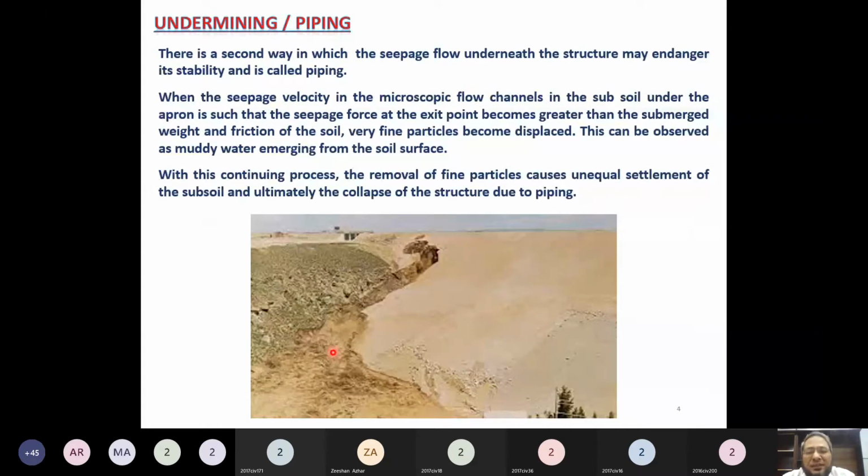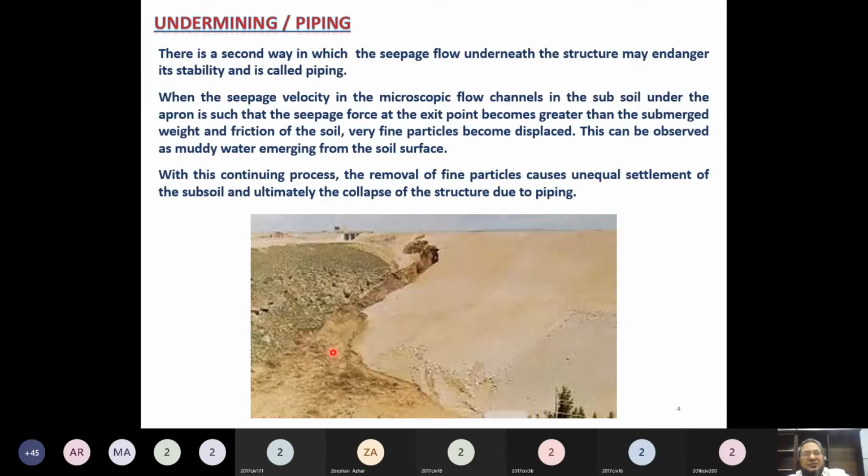The next is undermining. As I mentioned, undermining means removal of very fine soil particles due to the seepage force of water, and this is a continuous process.